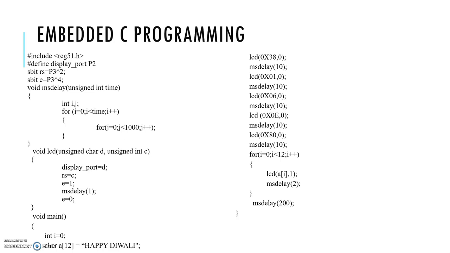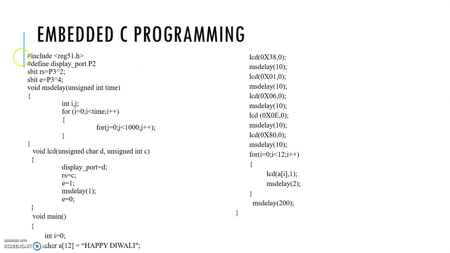So port 3's second pin is named as RS, and P3.4, the pin number 4 of port 3, is named as E. So sbit is assigning a single bit, and it is named as E.